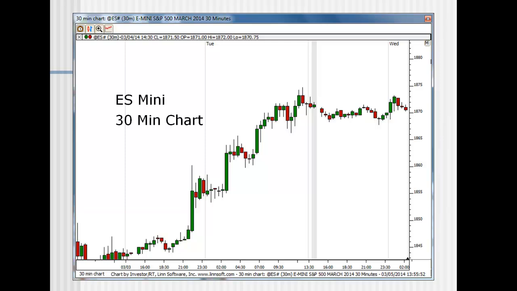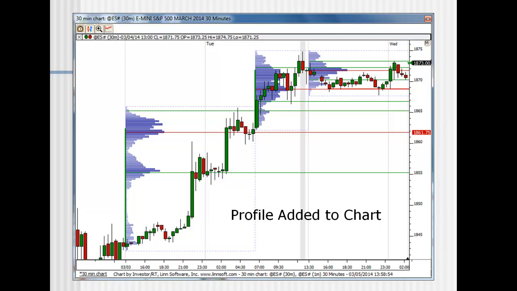And so one of the things that we need to do is to add the profile tool to the chart. And immediately when you do that, you begin to see a whole different picture of the market. It really changes the landscape completely for that 30-minute chart.